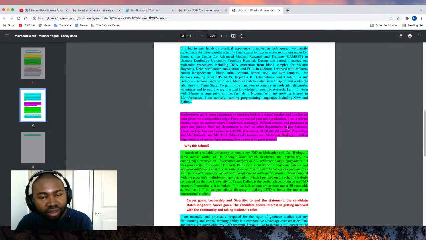That will make you stand out in the competition. If everybody is writing that they have experience, you need to put something unique in that SOP that makes you stand out. That's very important.